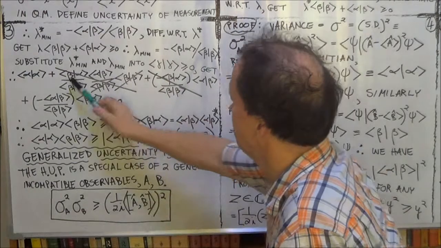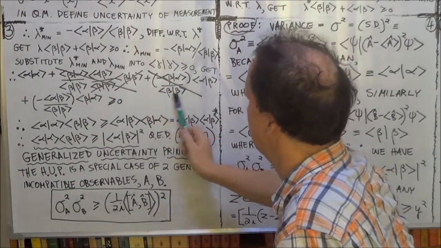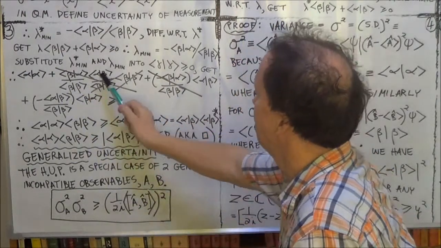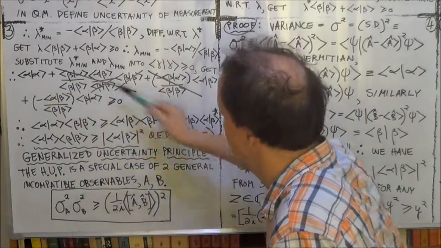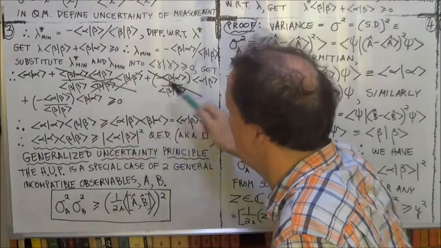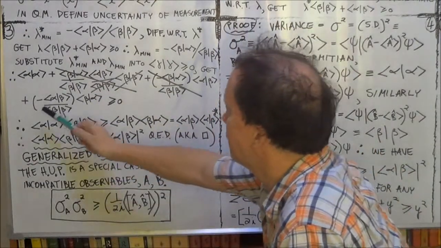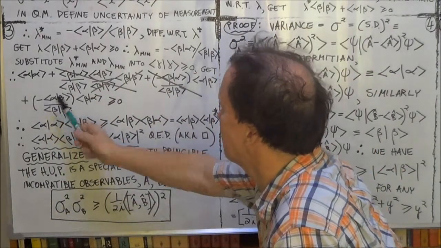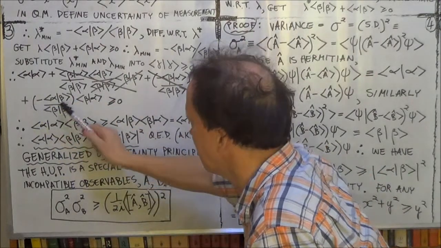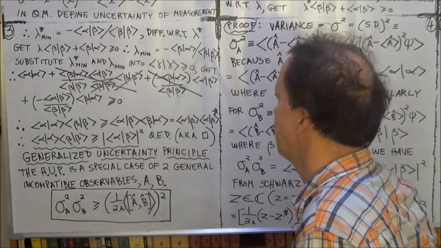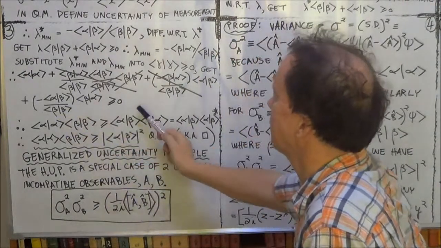So beta alpha over beta beta, and so on. This is the same as this, so these two just cancel out and you're just left with this one. So this plus, well actually minus this, is greater or equal to 0. Bring this over to the right hand side.